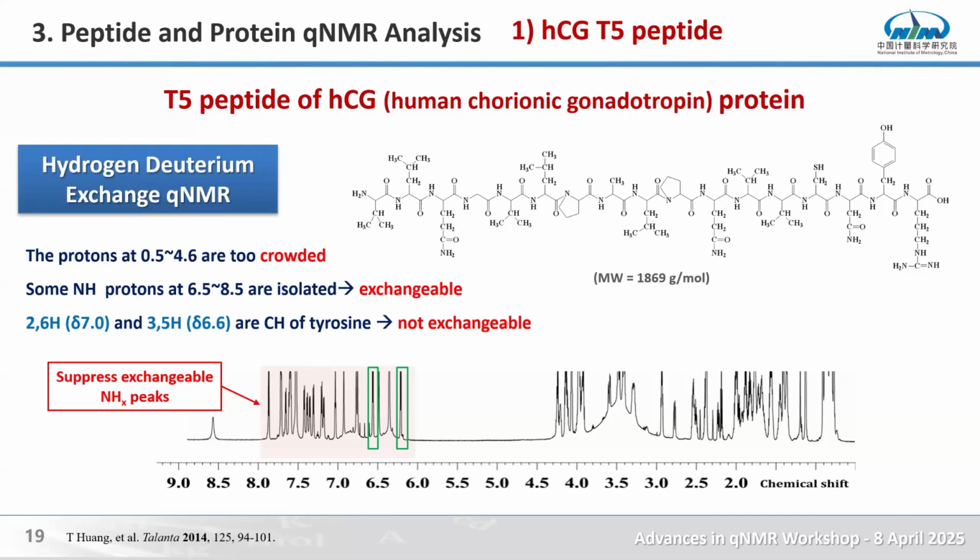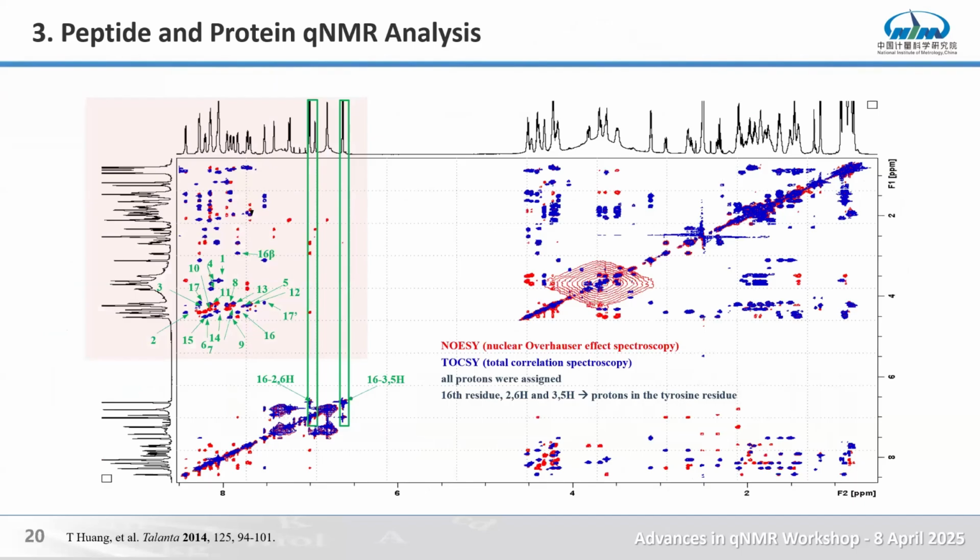A signature peptide of an important protein, HCG, is used as the model compound. We can see from the proton spectrum there are 2 CH peaks of tyrosine, non-exchangeable protons, but they are subject to interference from NH protons, which we can see clearly in this picture.